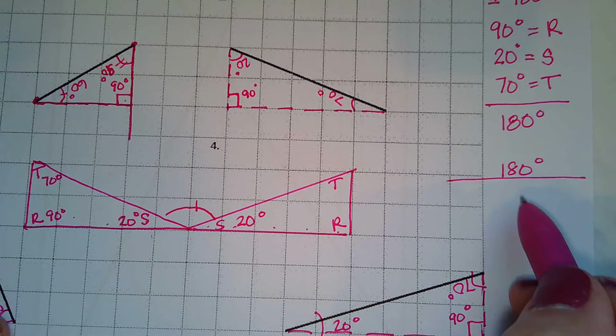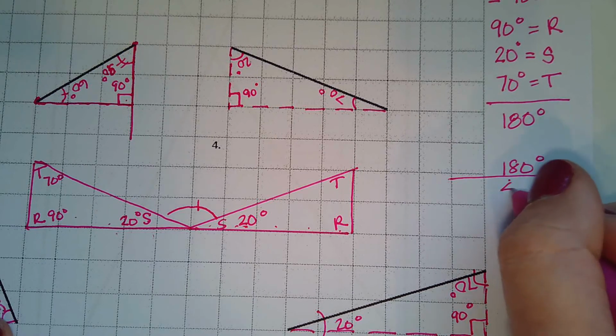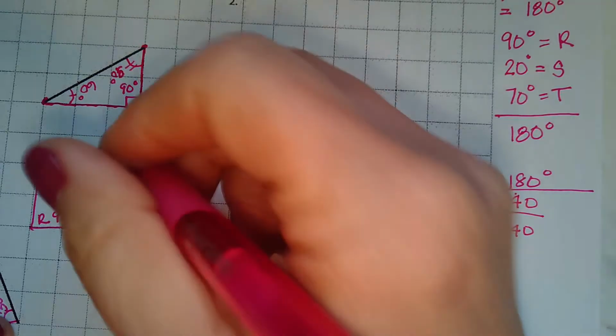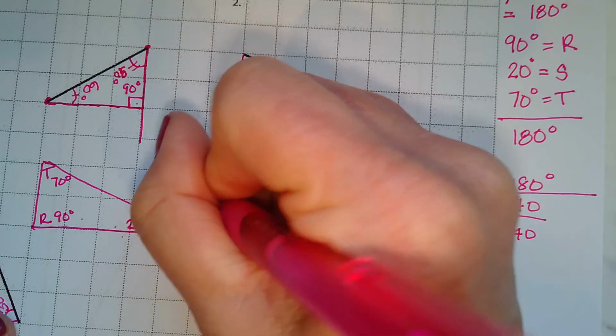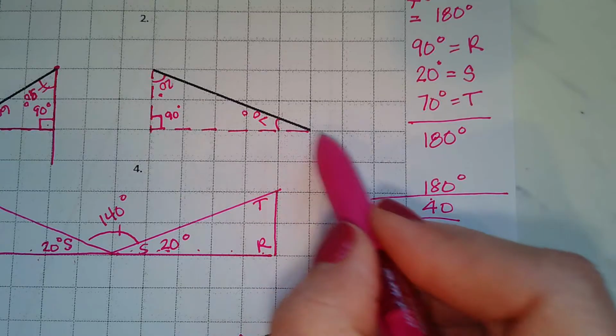So what's 180 minus 20 minus 20? Well, this angle would be equal to 140 degrees. That's how you figure that out. That would be the same over here.